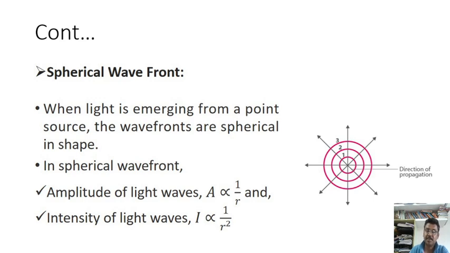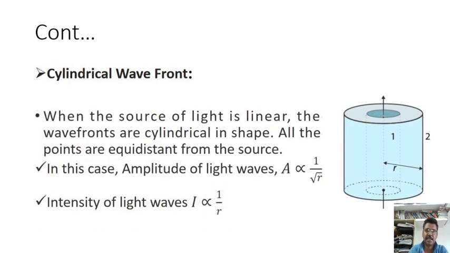In a spherical wavefront, the amplitude of the light wave A is proportional to 1 by r, and the intensity is proportional to 1 by r square, where r is the radius. Like that, the light wave propagates from one place to another.